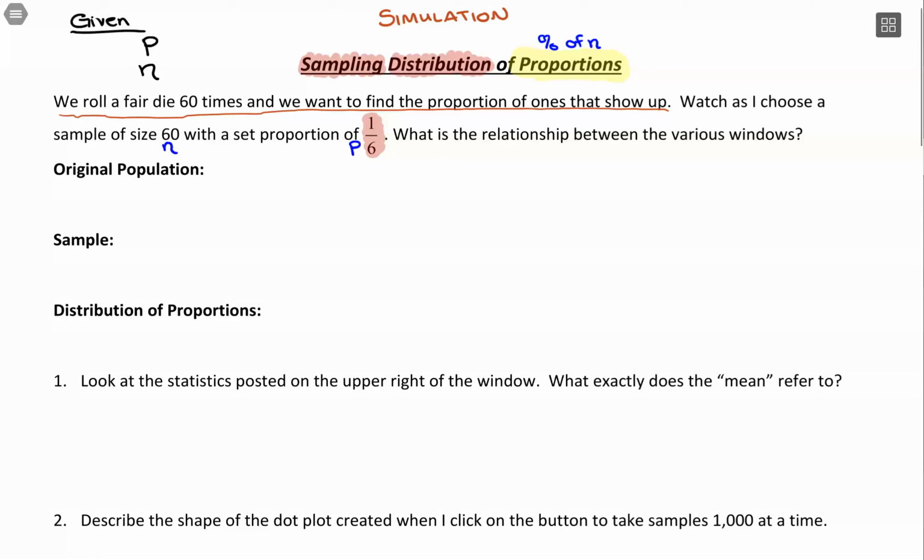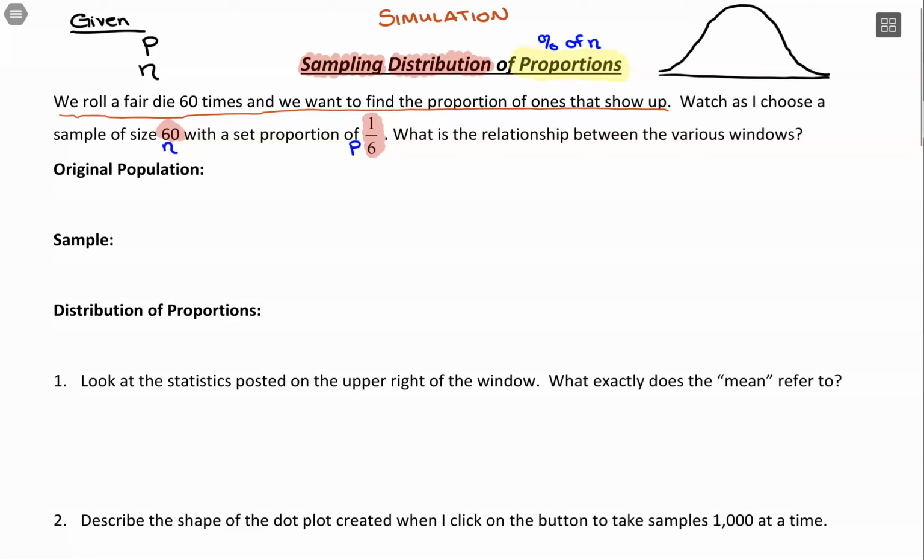For us, we're using a sample size of 60. With those two pieces, if I start randomly generating samples and make a number line and map where they land, we want to see something that's bell-shaped. Because if it's bell-shaped, then we can use all of those tools for finding probabilities of certain events.